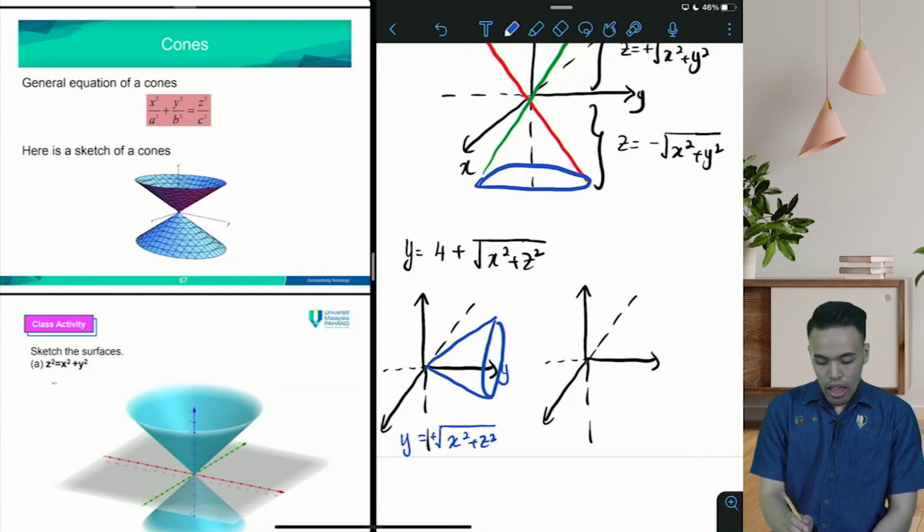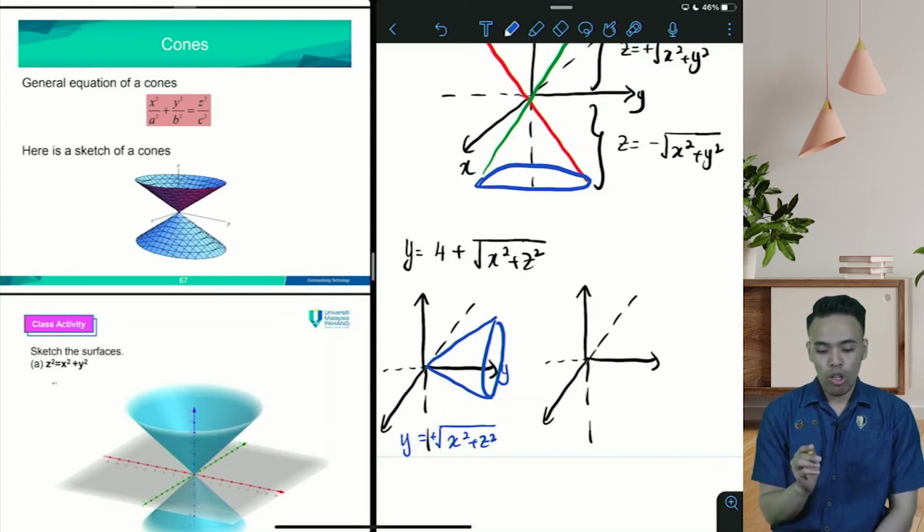Alright, and then right after that, in the expression given to you, there is a constant 4. So this constant 4 lies along the y-axis. Again, the only valid reason why we have to put 4 along the y-axis is that y is the subject of your equation.